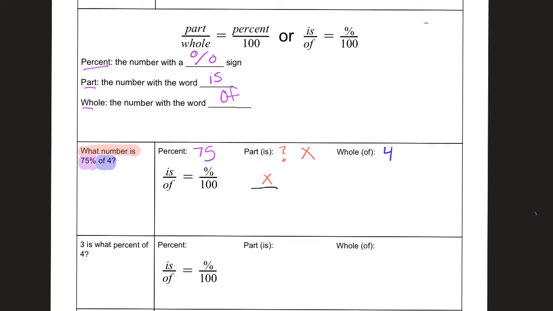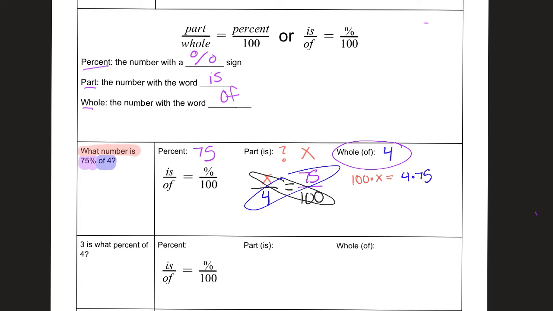X over my whole, which is 4, equals 75% over 100. Then I'm going to cross multiply and solve. I'm going to do 100 times x equals 4 times 75.